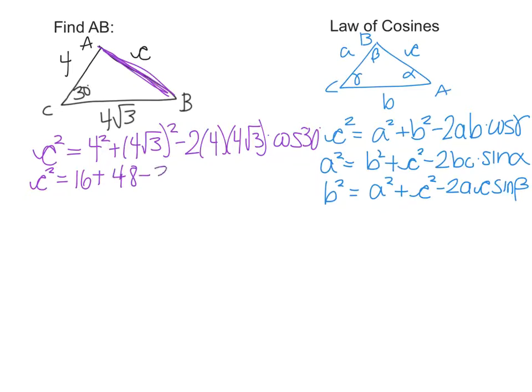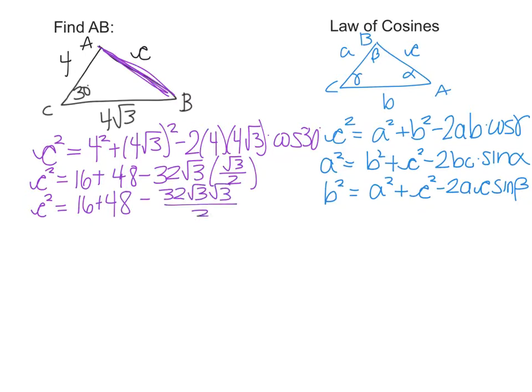Minus, well that's 8 times 4 is 32 root 3, and then if we think back to what we know about the cosine of 30, we know that the cosine of 30 is the square root of 3 over 2. So we have C squared is equal to 16 plus 48 minus, well that's 32 root 3 times root 3 all over 2 to combine that, and we know that 32 divided by 2 is 16, and square root of 3 times the square root of 3 is 3.